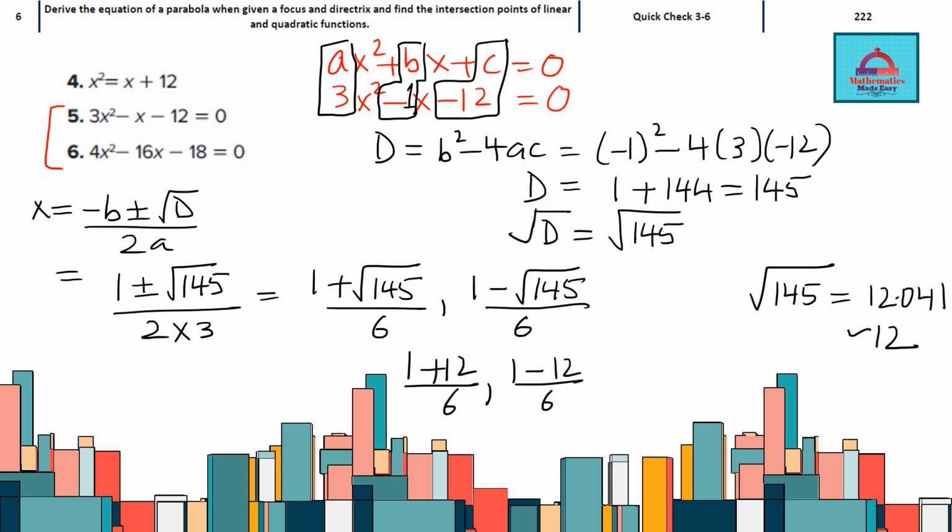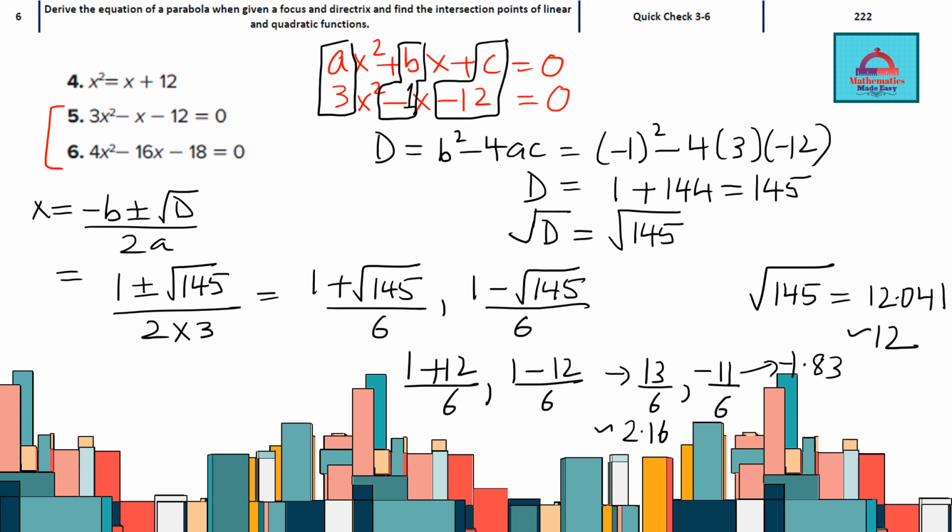So this is going to be 13 by 6 and minus 11 by 6. You can divide, the answer will come out to be decimal, and you can round it off to the nearest 10. So this comes out to be the first root 2.16, and the second root comes out to be 1.83. This one is 1.83.